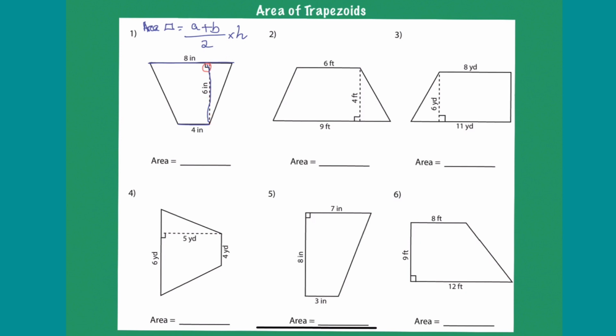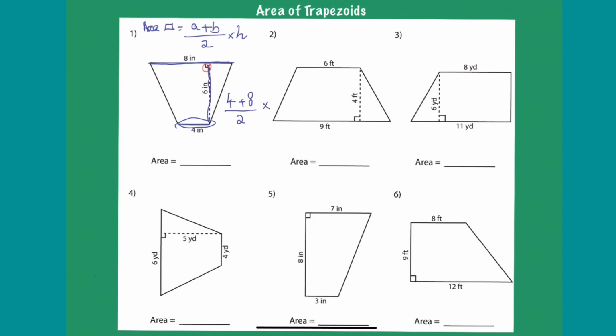So in this case, how would you do that? All you have to do is A here is 4. And then you add the 8. And you divide that by 2. So 4 plus 8 is 12, divided by 2 equals 6, times the height.